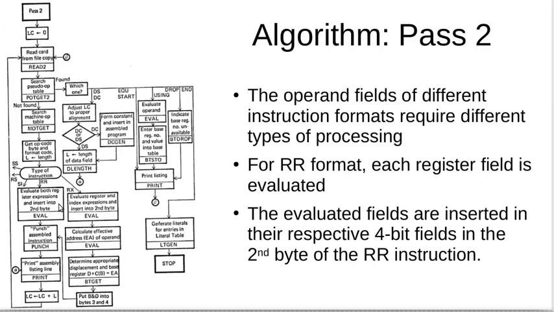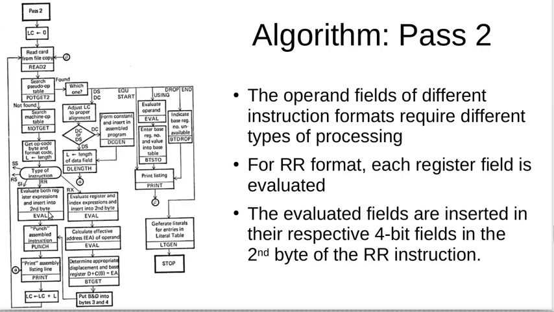This step is known as eval. In the next step, we punch the assembled instructions. That is, we keep a copy of the assembled instruction and print it in the listing line. After that, we increment the location counter. So this is for the RR instruction.